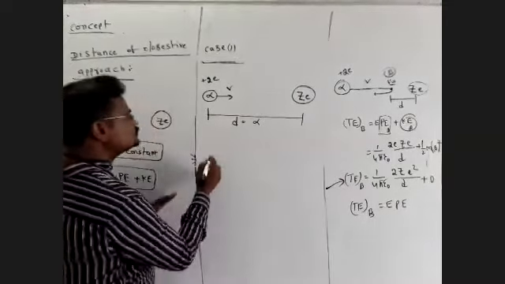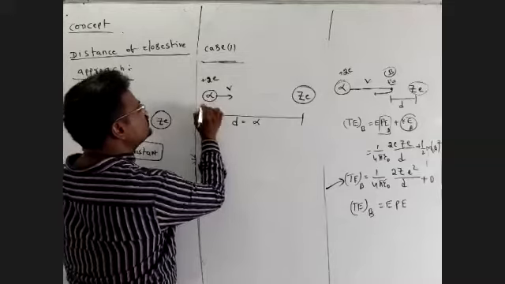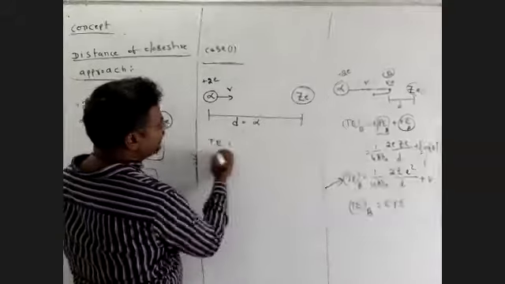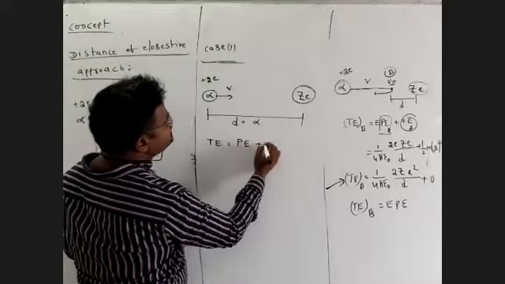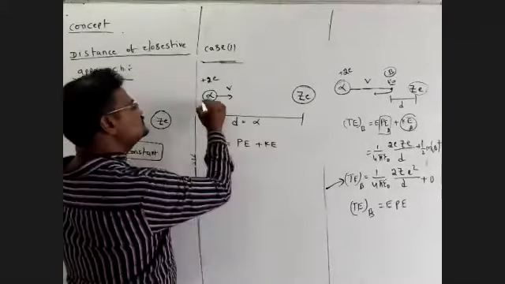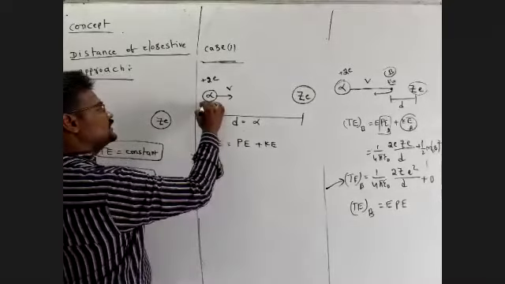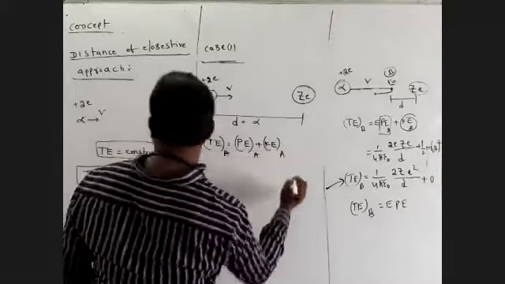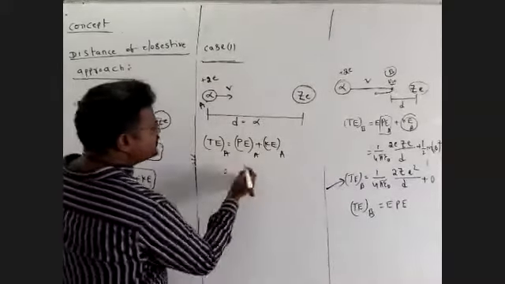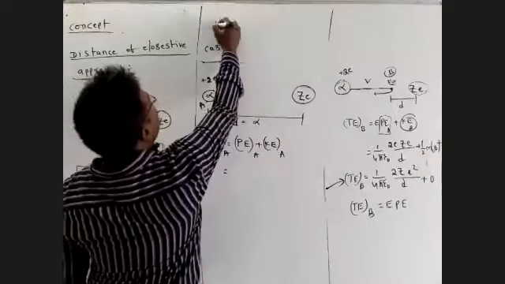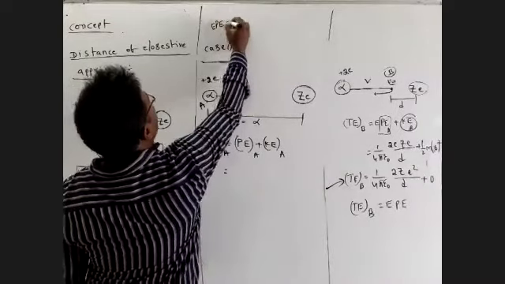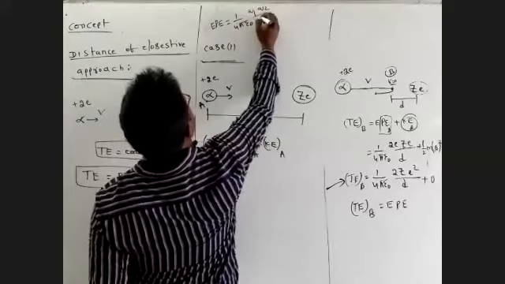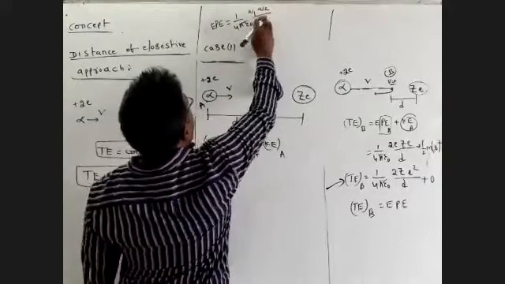I'm taking this as a point. Total energy at this point is equal to potential energy plus kinetic energy. The general formula for electrostatic potential energy is 1 by 4 pi epsilon naught, q1 q2 by r, where r means distance.